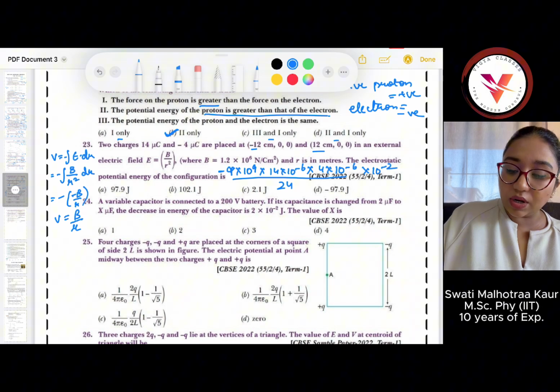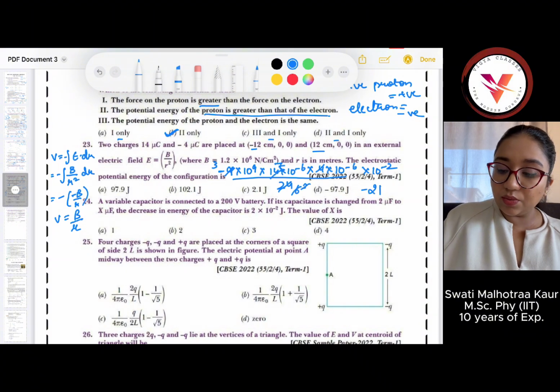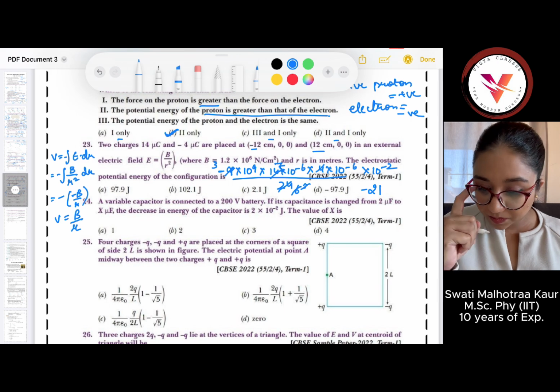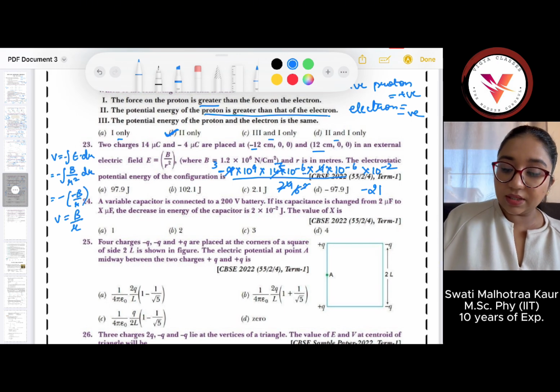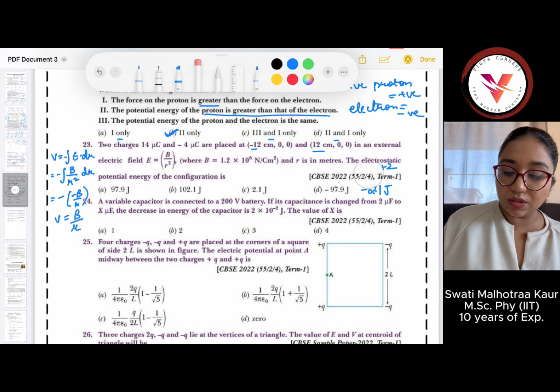So the minus 2 will go up, and 4 ones are 6, 3 3s are 9, 3 2s are 2, 7s are 7, 3 7s are 21, minus 6, this is plus 2. Okay, so minus 6 is minus 12, minus 12 plus 2 is minus 10, and so it's minus 2.1 joule.